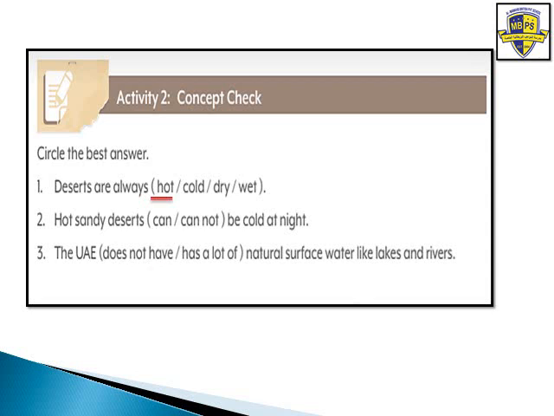It can be cold at night. Yes. The UAE doesn't have or has a lot of natural surface water like lakes and rivers. What we said before, the UAE doesn't have natural surface water like lakes or rivers.